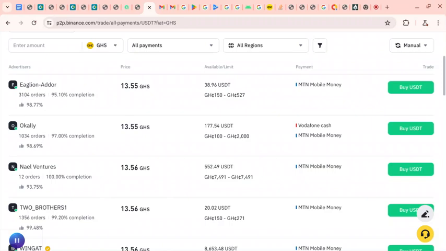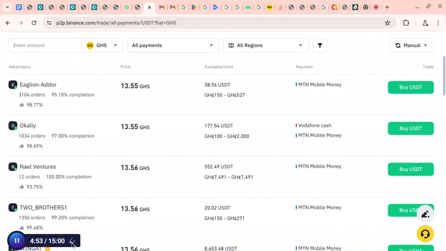But when this rate is 13.89 or 14, I will not advise you to buy the USDT. In this case, this month, the rate shot to 14, 13.89, 13.79, and right now it has come to 13.56. So the probability for it to go up again is high.